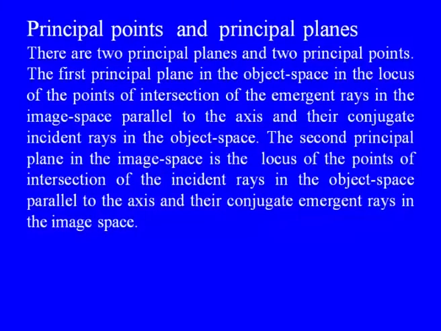The second principal plane in the image space is the locus of the points of intersection of the incident rays in the object space parallel to the axis and their conjugate emergent rays in the image space.